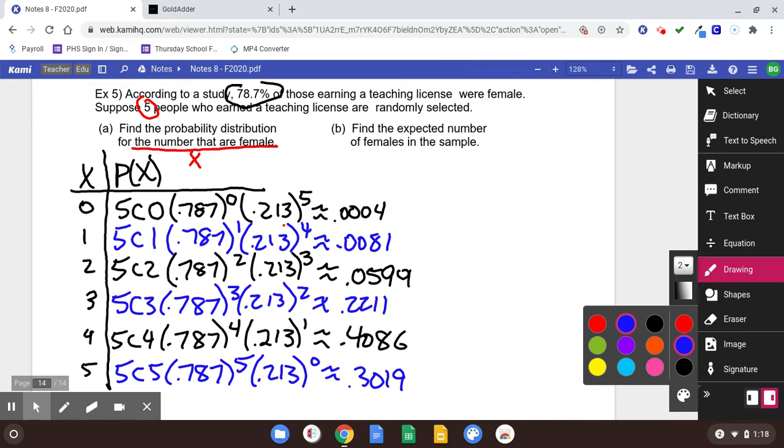Part B says find the expected number of females. So we know how to do this. We know how to find this expected value. We're going to take 0 times this.